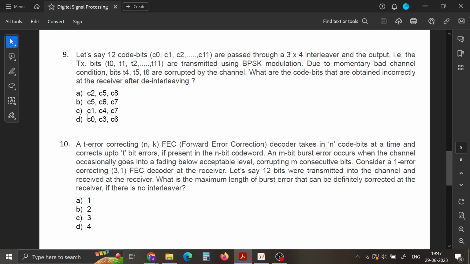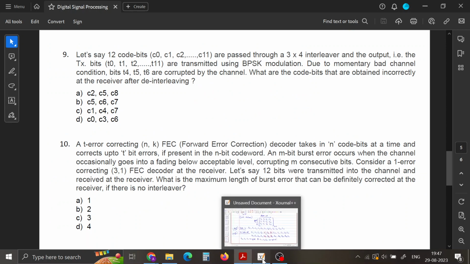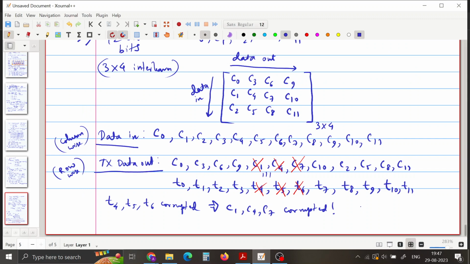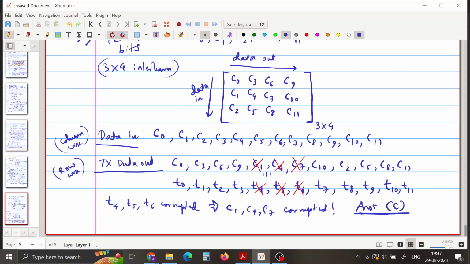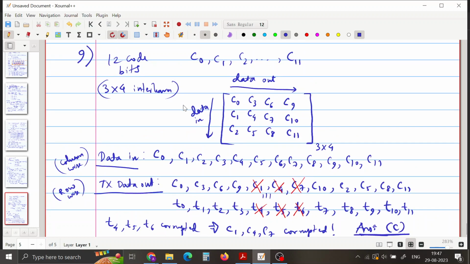So the answer is option C: C1, C4, C7. It is very simple. The concept was already discussed in the lectures.